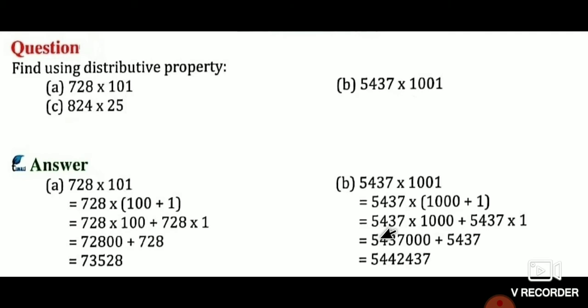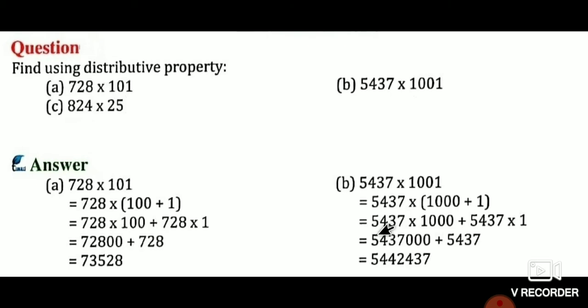Therefore 5,437 into 1 is again 5,437. So write 5,437 as it is and 3 zeros as it is.